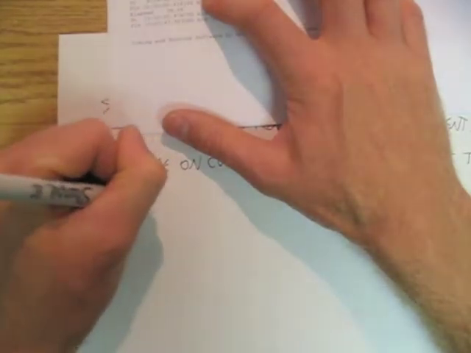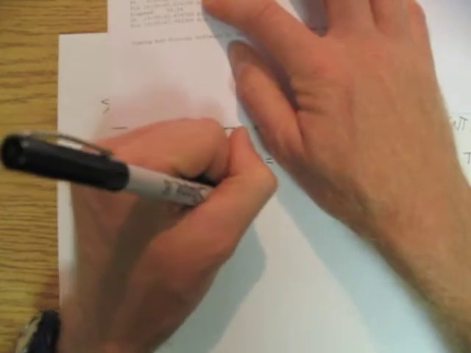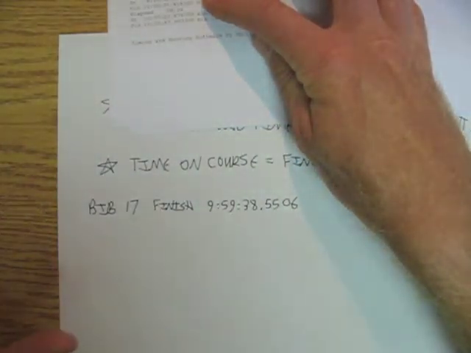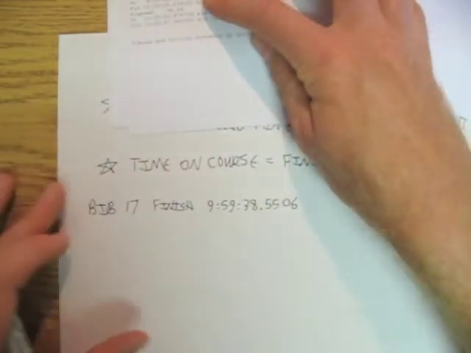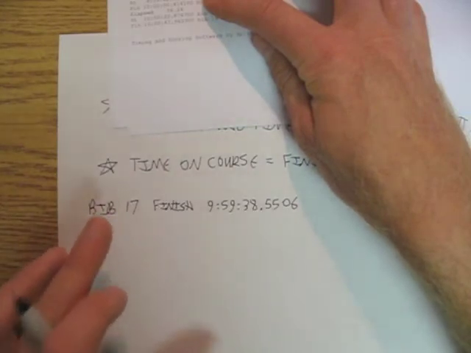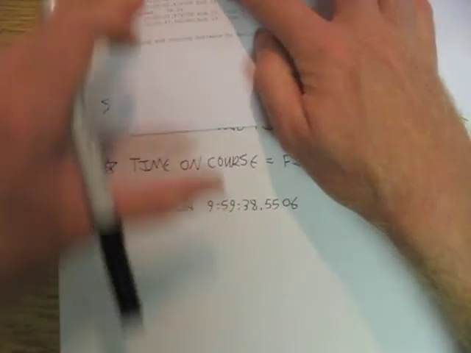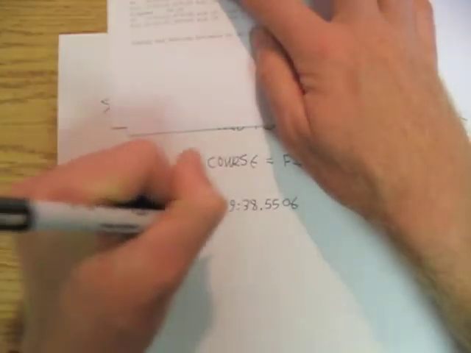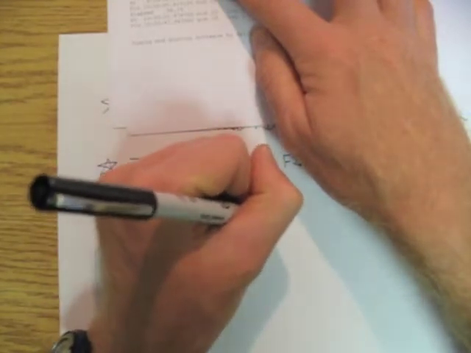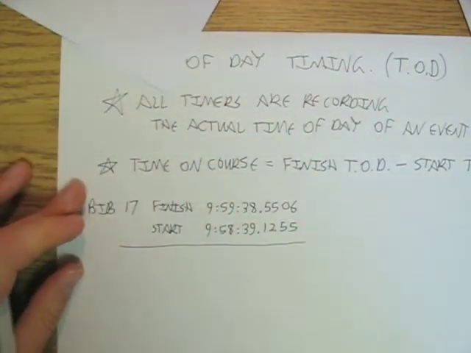Bib 17 finished at 9:59:38.5506, to the best of my ability to measure, by synchronizing everything with my watch and my watch with the internet time server. They started at 9:58:39.1255.